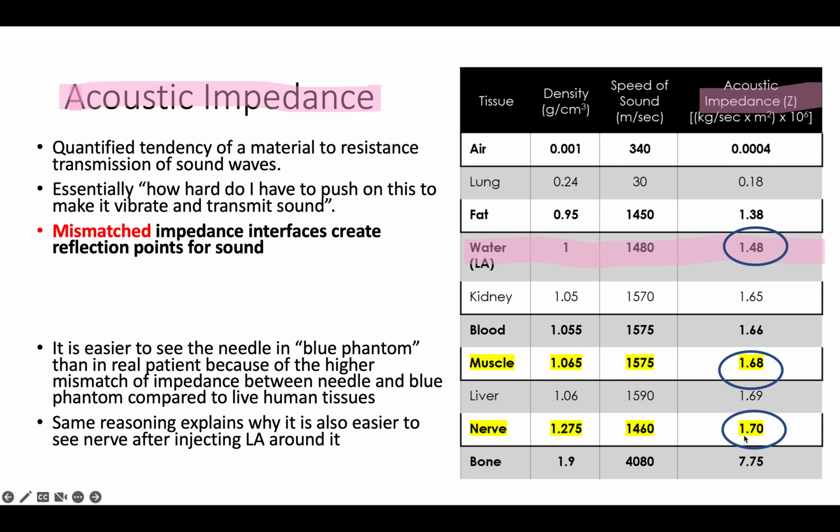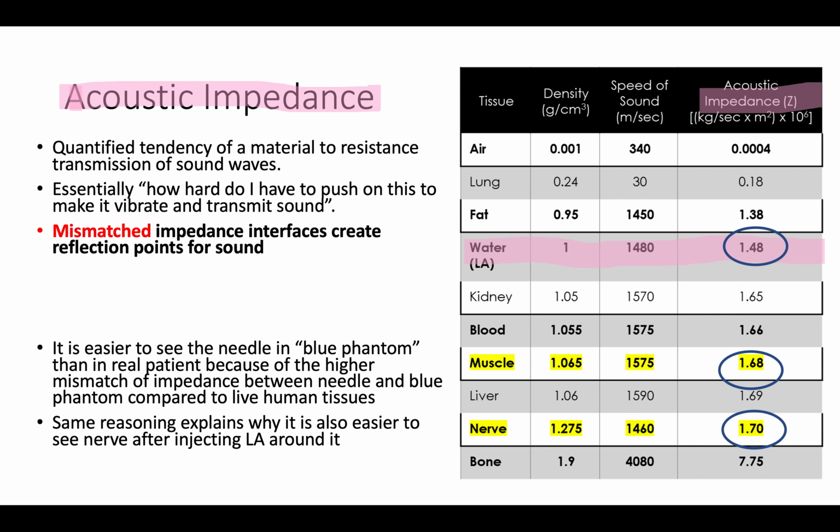And this nerve immediately pops out, gets more contrasted, if we inject local anesthetic around it, because between the water or local anesthetic around the nerve and the nerve, we have a pretty big mismatch in impedance. And this mismatched impedance interface creates nice reflection points for sound. It's also probably explained by this difference in impedance why it is easier to see the needle while you practice on a simulator, on Blue Phantom, compared to a real patient.